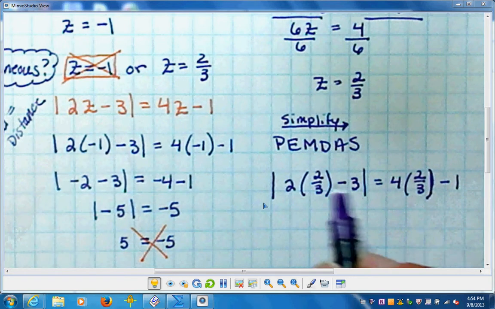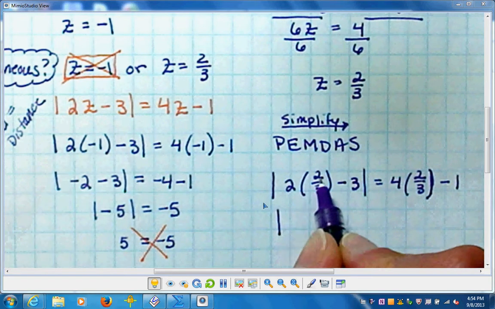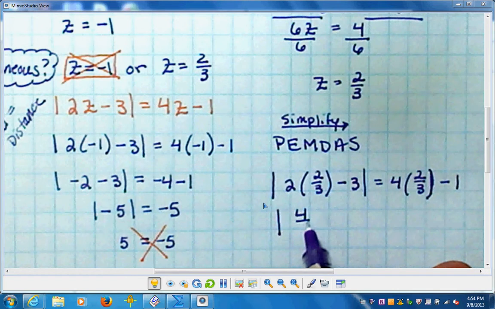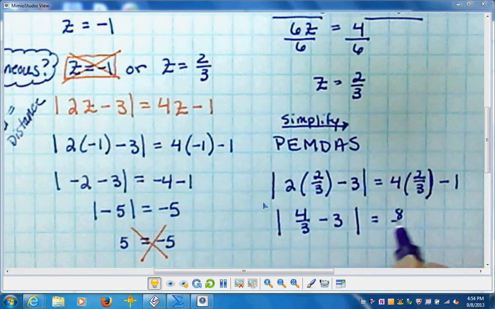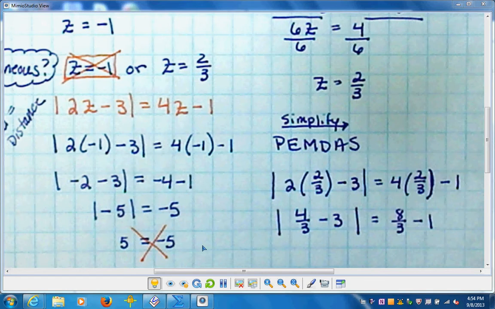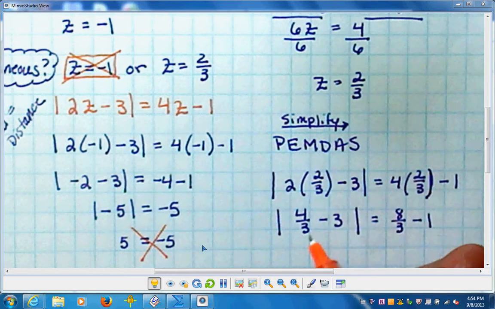So this gives me the absolute value of 4/3 minus 3 is equal to 4 times 2 is 8, so this is 8/3 minus 1. Okay, so now we have this fraction thing going on. You could just use your calculator if you wanted to. I don't have mine available right now. So this denominator needs to be 3.